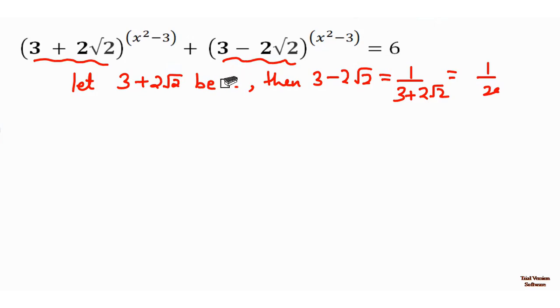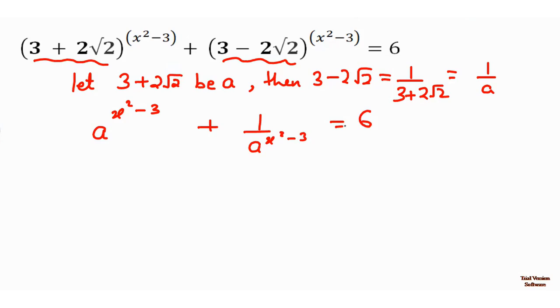So we'll take any other variable except for x. So we can take a. If this is a, this is going to be 1 upon a. So this would be a to the power x square minus 3 plus 1 upon a to the power x square minus 3 is equal to 6.